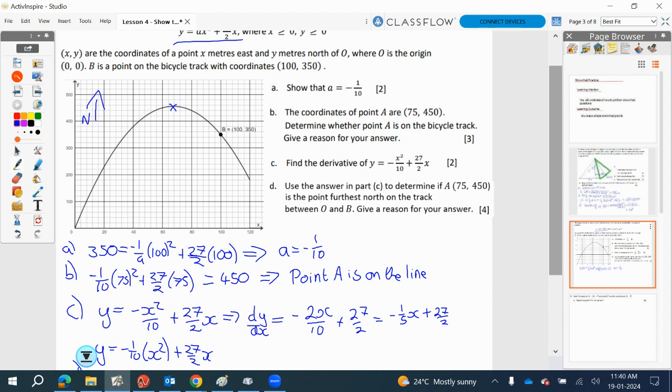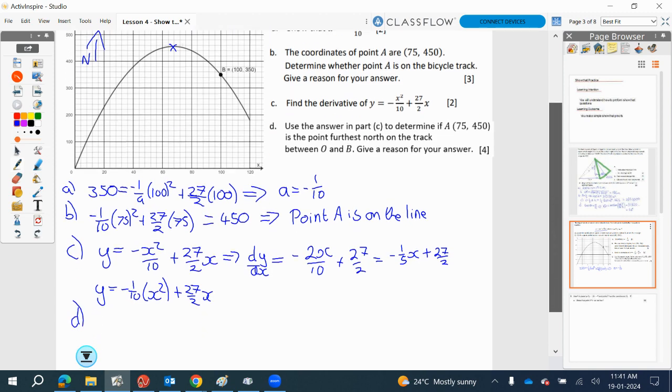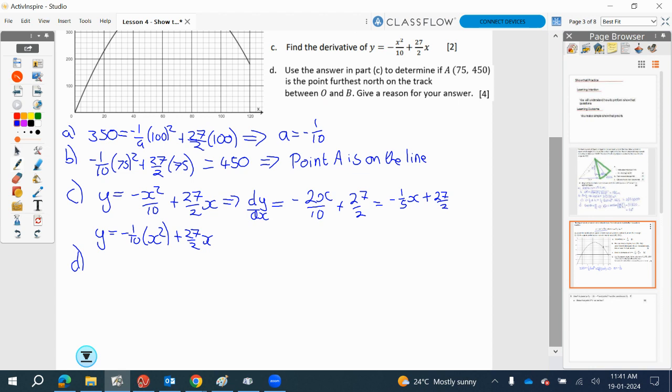How do we find the maximum? You equate the derivative to zero. Remember, if you get the wrong derivative, you would get full follow-through marks if you show your working. The reason they ask you to find the derivative as a separate part is that the derivative is used to assess this next question, even if it's wrong.